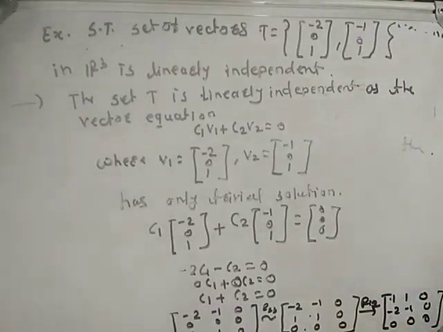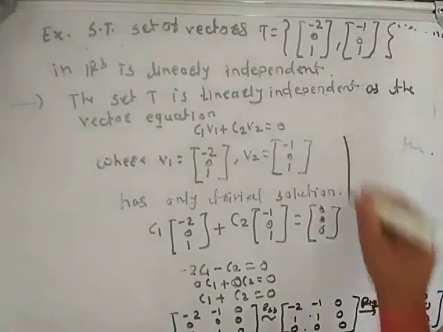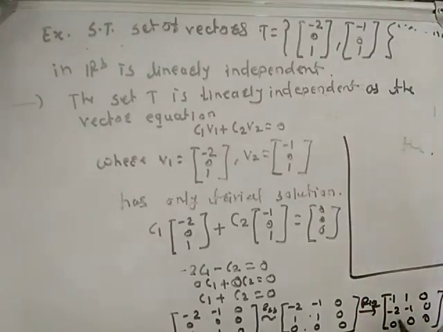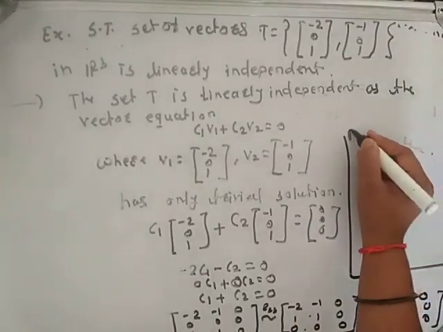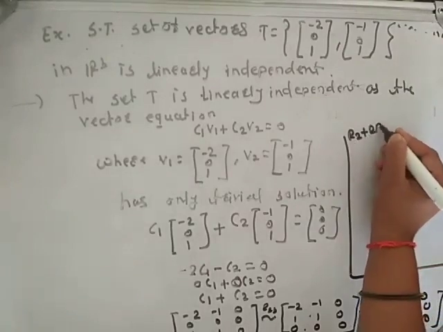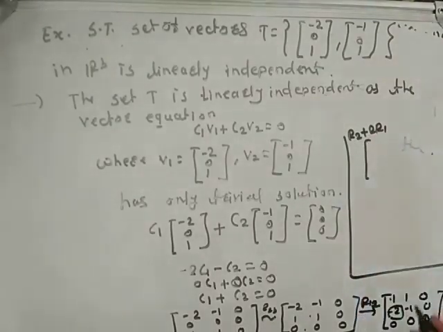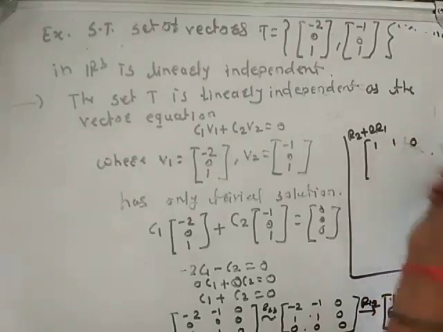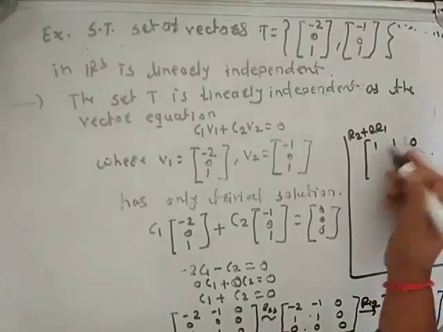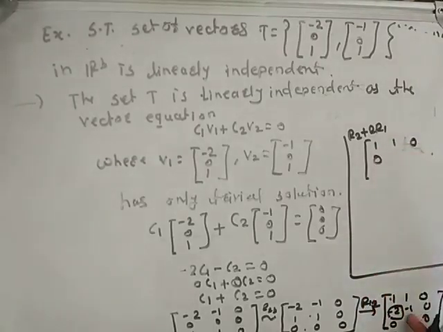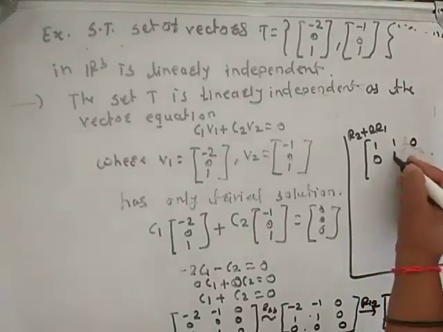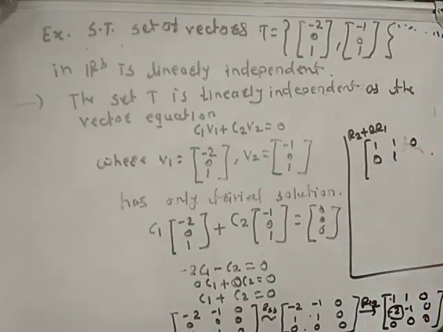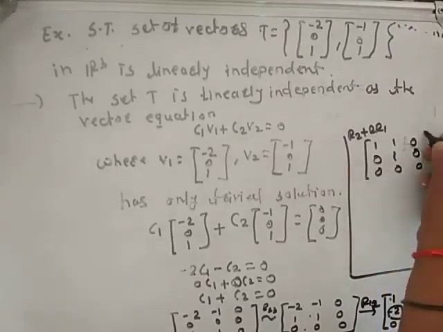Now perform a row operation. Here we require a 0. For that purpose we will perform the row operation R2 plus 2R1. So the matrix will become (1, 1, 0), then minus 2 plus 2 is 0, minus 1 plus 2 is 1, and 0, then (0, 0, 0).